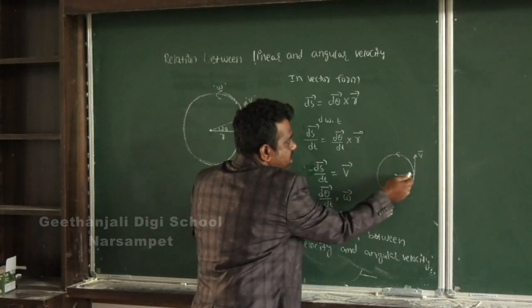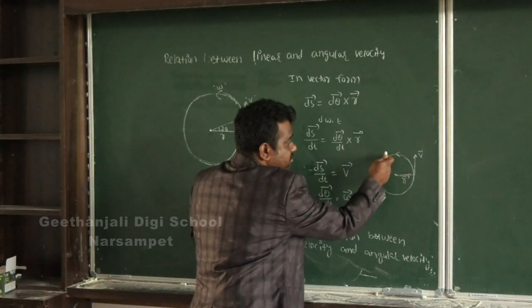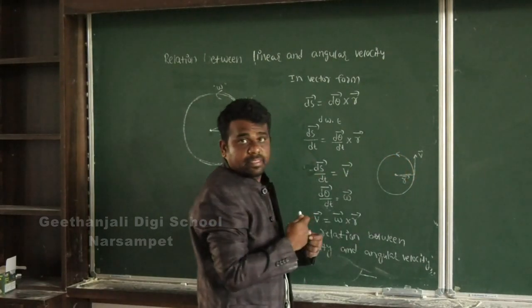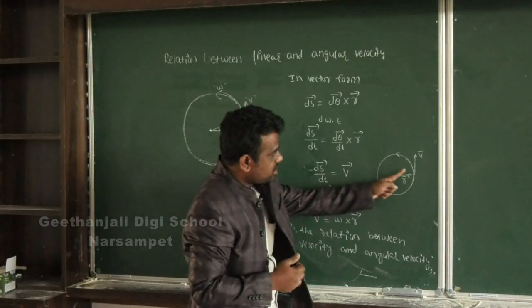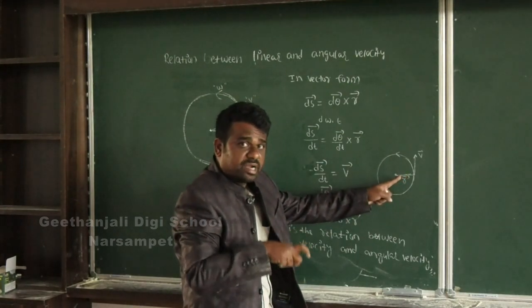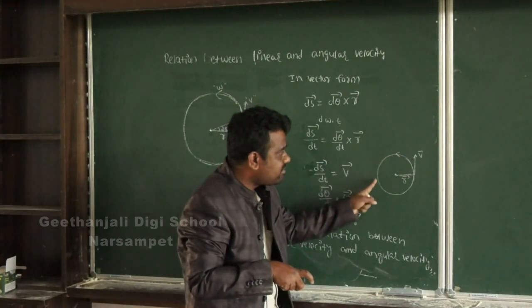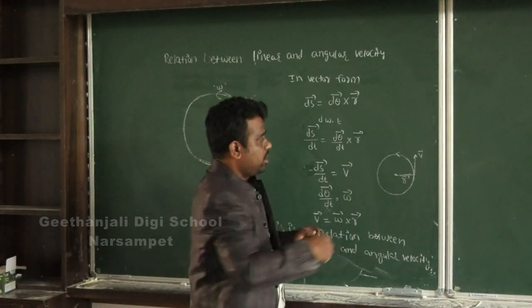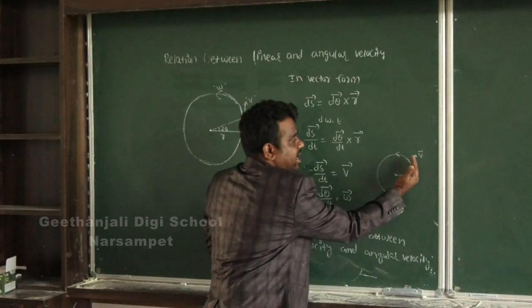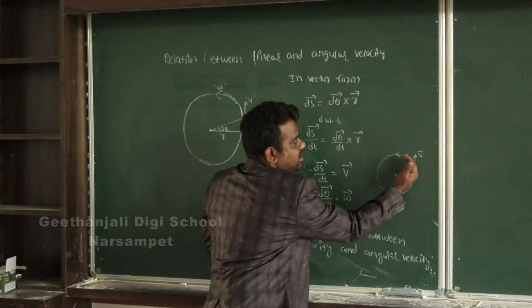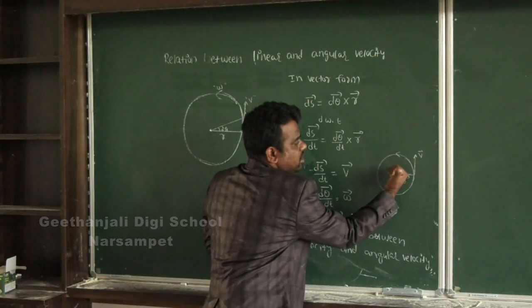So what is the way to know the direction of the angular velocity? We already studied in the previous class how to find the direction of the angular velocity. When the right hand fingers are curled in the direction of the rotation, the thumb indicates the direction of the angular velocity.